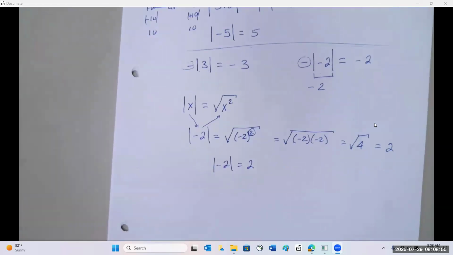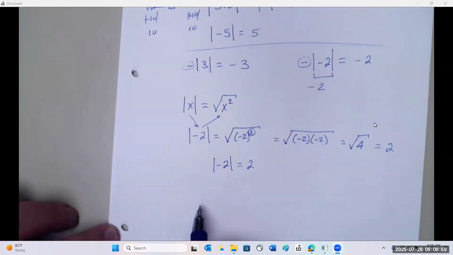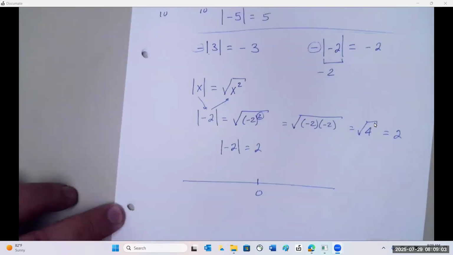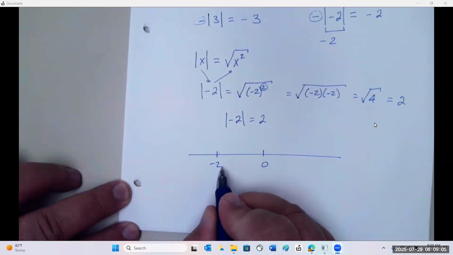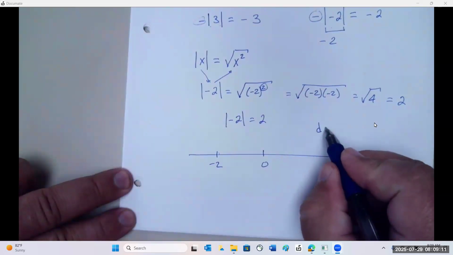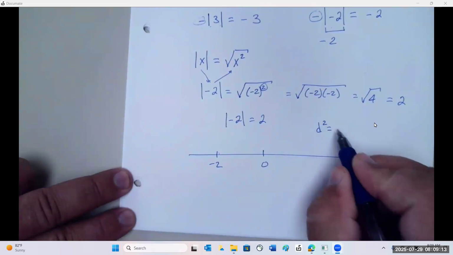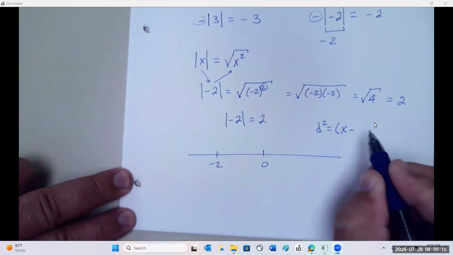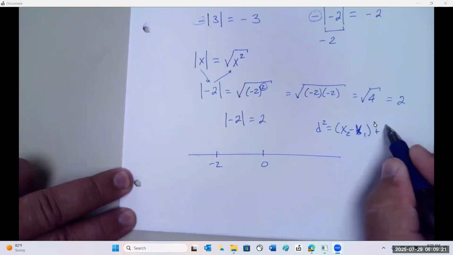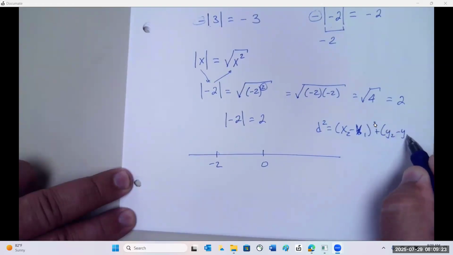And you could be thinking, well, I thought you said it's the distance away. It's the distance. Here's 0. Here's negative 2. Remember what the distance formula was? X2 minus x1 squared plus y2 minus y1 squared.